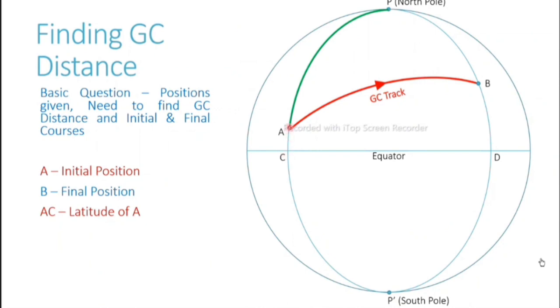We have just seen that AC, Alpha to Charlie, is equal to the latitude of the observer, the latitude of the initial position. So this tells us that the arc Papa Alpha, which is marked in green now in the plot, will be equal to 90 minus latitude of A. This is also known as the co-lat of A or complementary latitude of A.